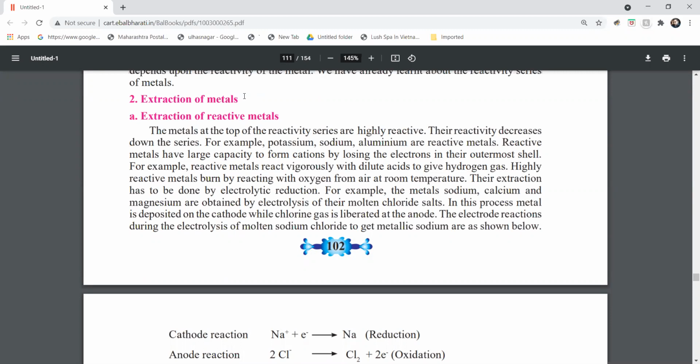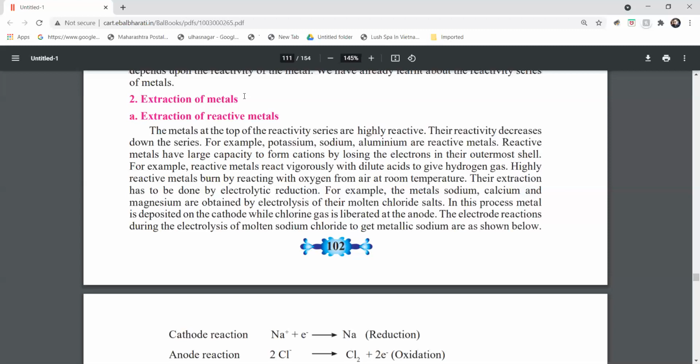And the reason behind that is quite simple to understand. The higher the valency available, the more the reactivity of the element is going to be. The lower the valency available, the less they are going to react. So we already know that potassium, sodium, and aluminum are reactive metals, and they have the large capacity to form cations by losing all the electrons that are there in their outermost shell.